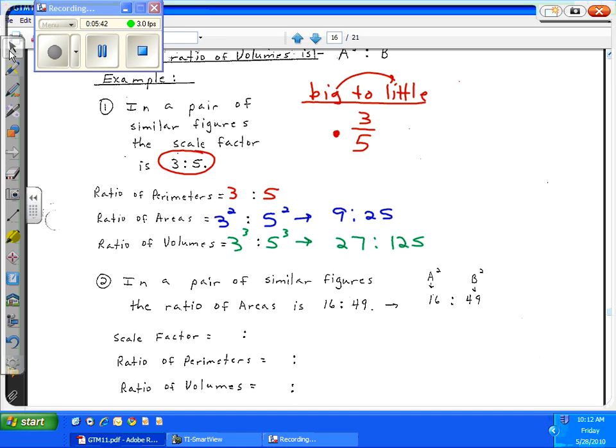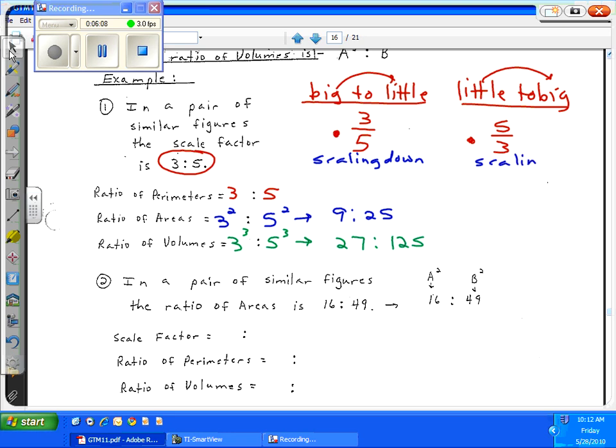If you wanted the ratio of little to big, or you're going from little to big, you're wanting to get bigger, so you would multiply by the reciprocal 5/3. We call going from big to little scaling down. We call going from little to big scaling up.